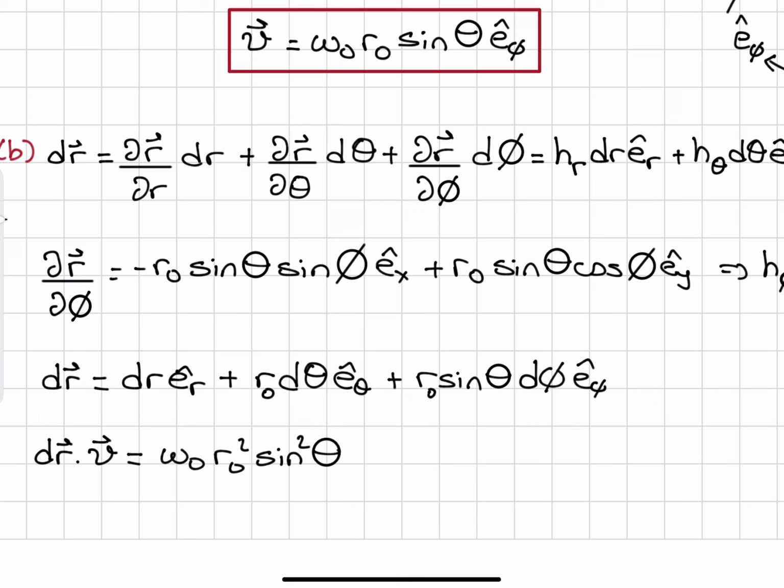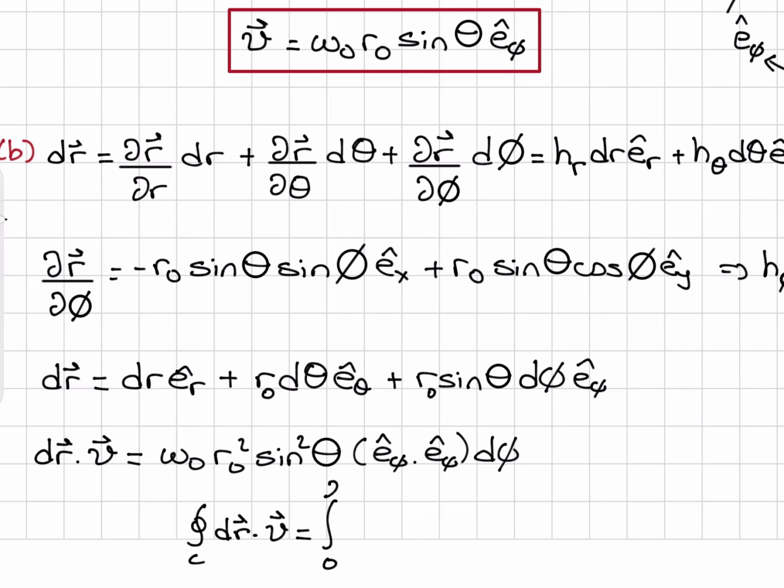Now the closed contour integral of dr dot v becomes, as we vary the angle phi between 0 and 2 pi, we're on the equator of the sphere, omega 0 r0 square sine square theta d phi, but this is evaluated at theta equal to pi over 2, so that we are on the equator.